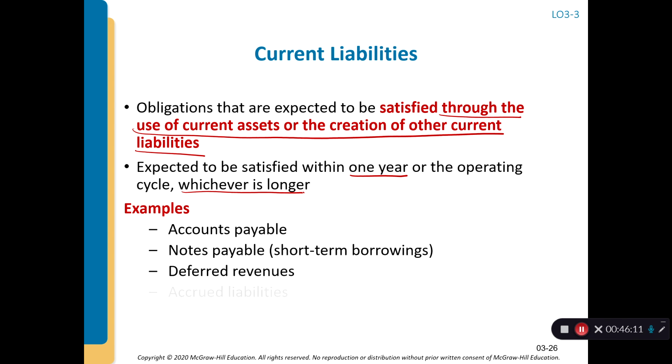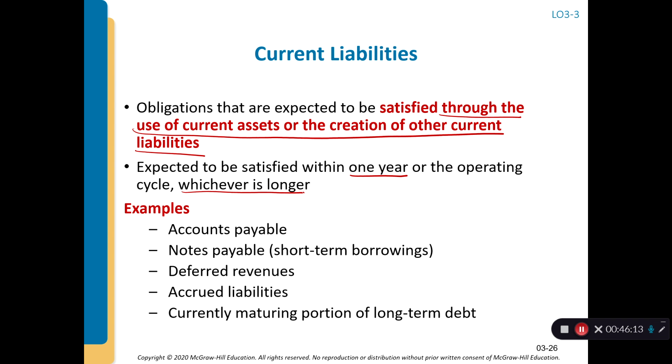And there's an exception for current liability classification: a liability that management intends to refinance on a long-term basis. For example, if a manager intends to refinance a 6-month loan, which is shorter than 1 year, you would think that 6-month loan is actually short-term debt or current liability. But if the intention is to refinance this 6-month loan using a 2-year loan, right?